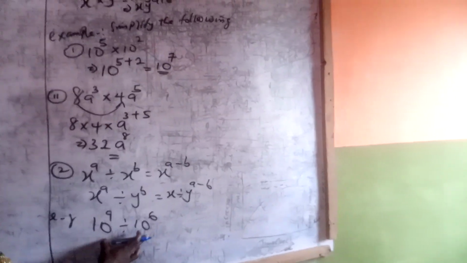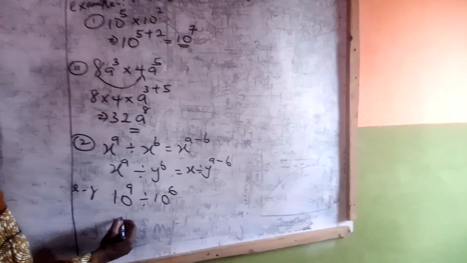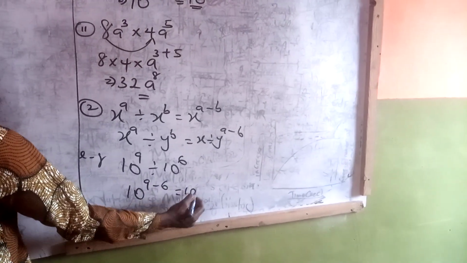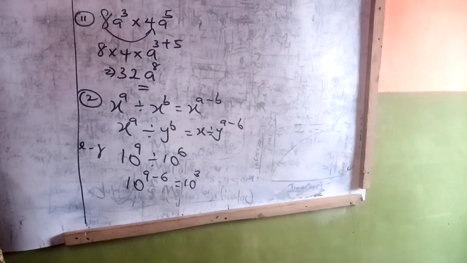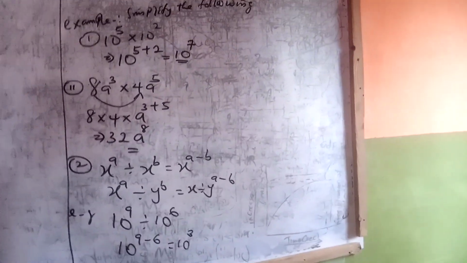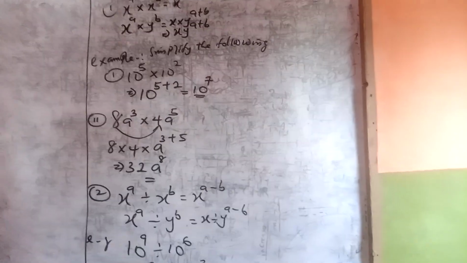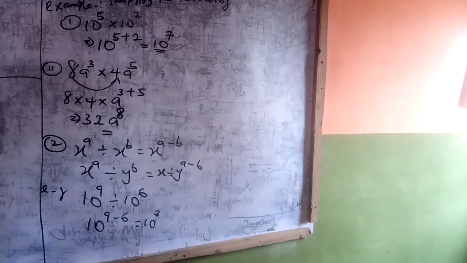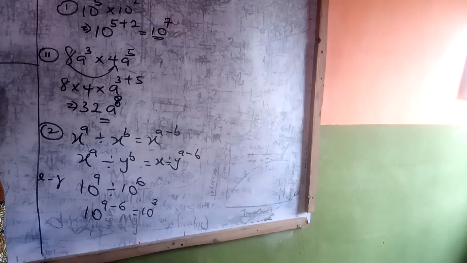Now if you look at this, you discover that they are having the same base. That will be 10 raised to power 9 minus 6, and my answer will be 10 raised to power 3. This is an example under the second law of indices, which is the division law.